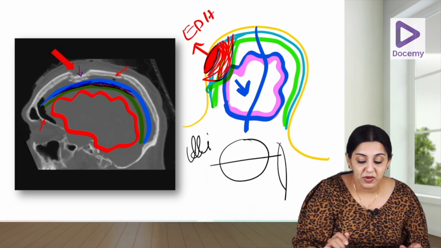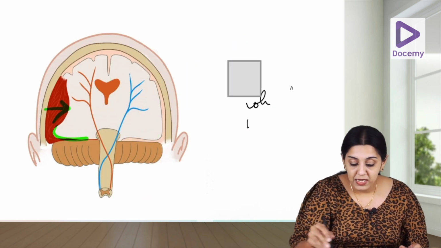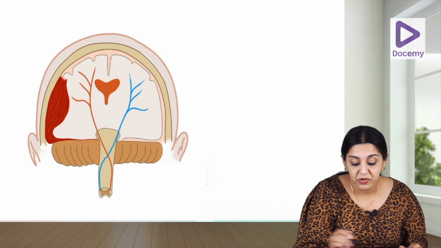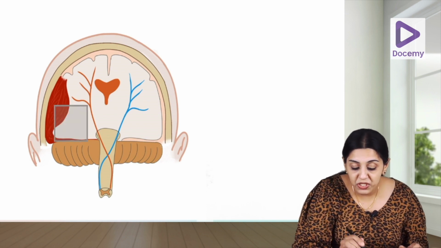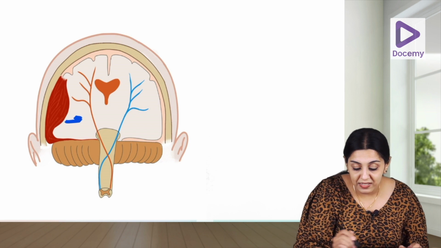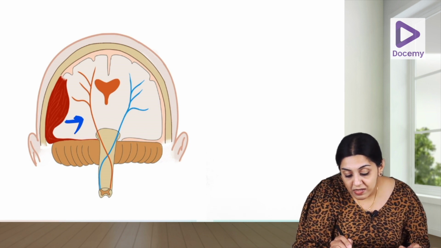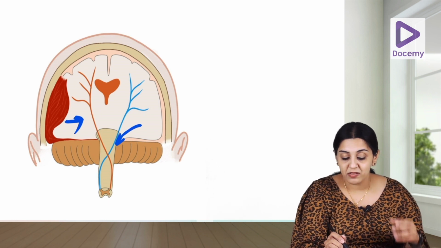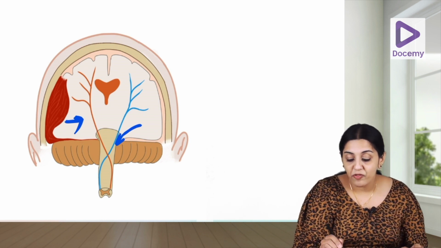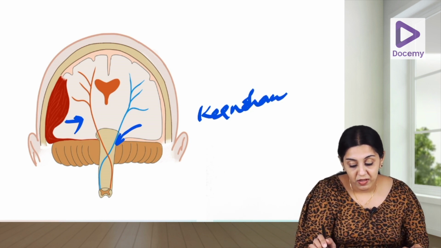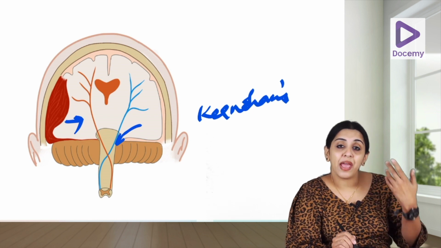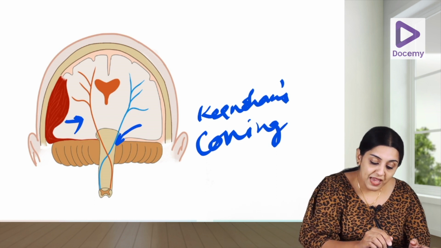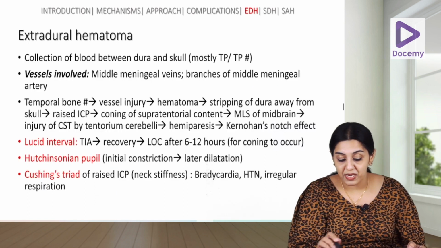It will be similar to this. This is like an extradural hemorrhage which is pushing the brain to one side. That can cause herniation of brain to the spinal canal, forming the Kernohan's notch, leading on to hemiparesis due to coning. So the same thing occurs in an extradural hemorrhage.